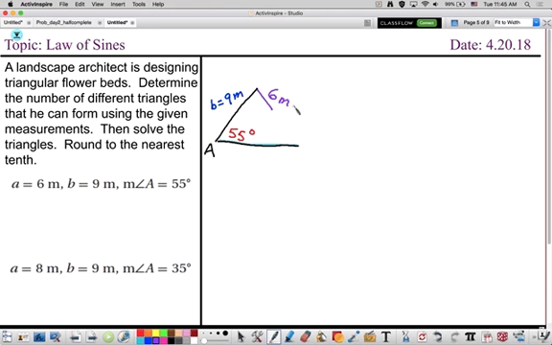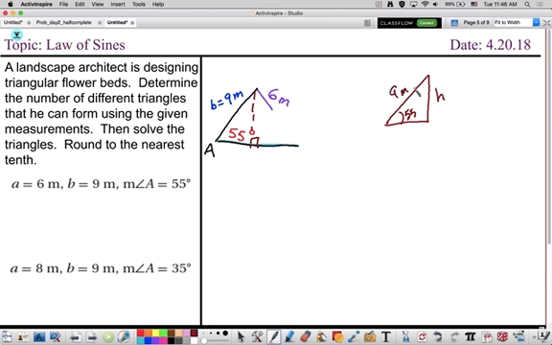First thing you want to do in this type of problem is look at the height. Let's look at the height of this triangle. Drop the altitude. And now I have a triangle that looks like this: 55, height, and 9 meters.